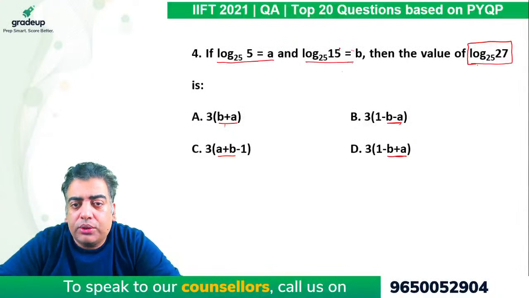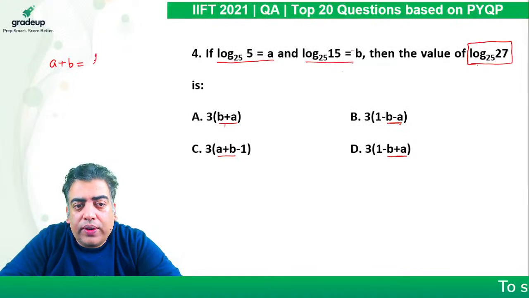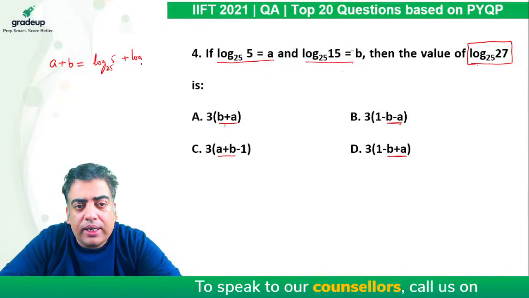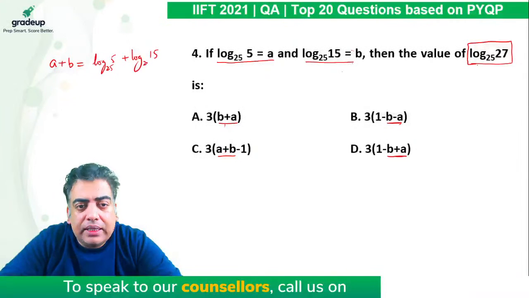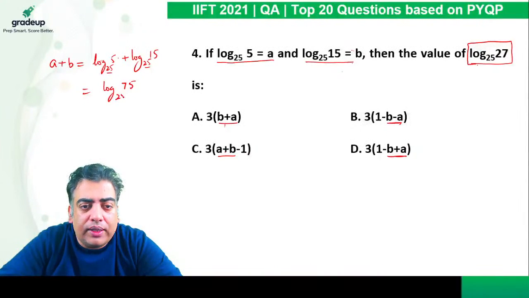So if we add these two, a plus b comes out to be log 5 to the base 25 plus log 15 to the base 25. Because the base is the same in both cases, 5 and 15 get multiplied, resulting in log 75 to the base 25.